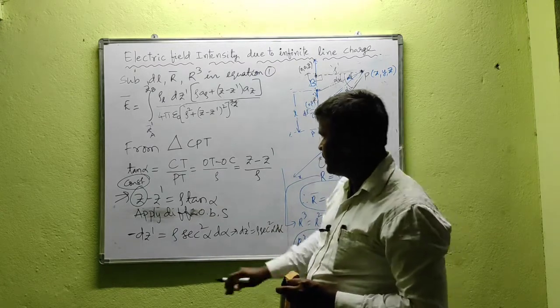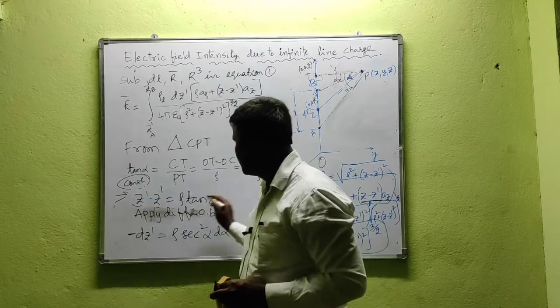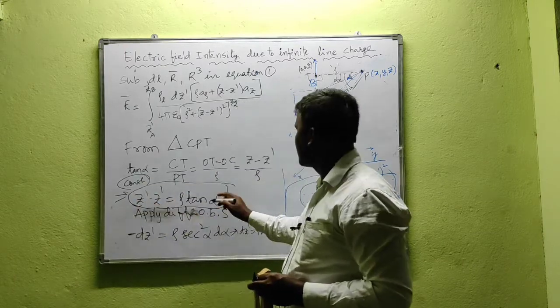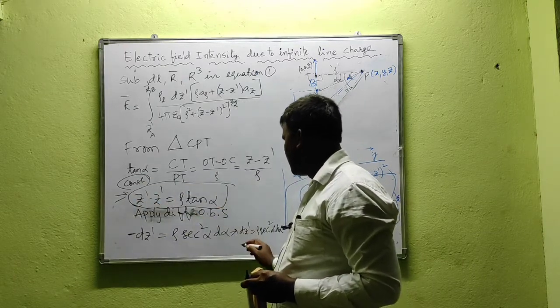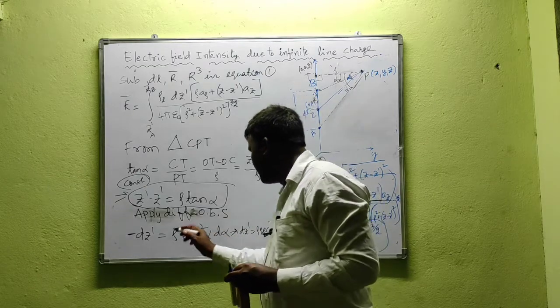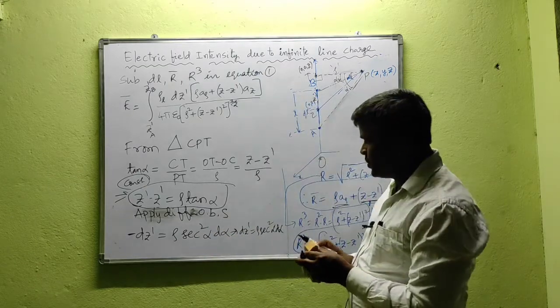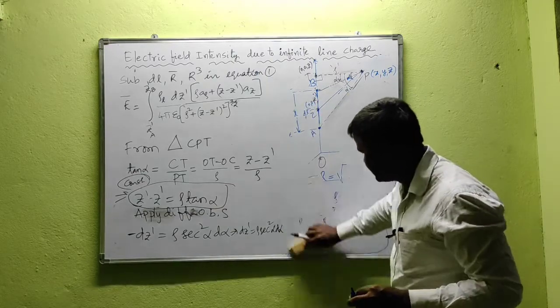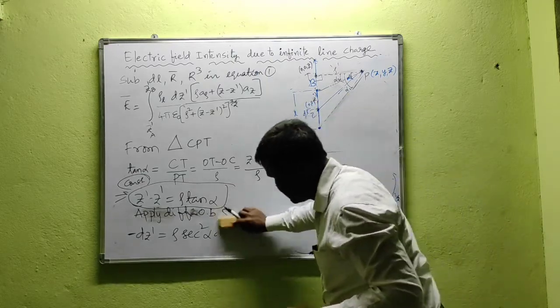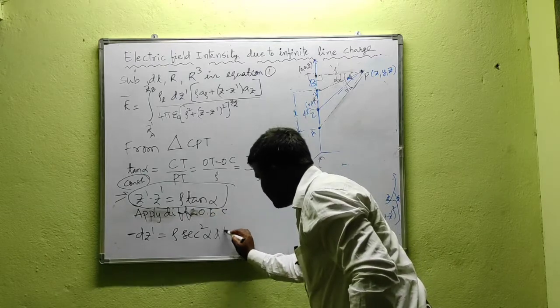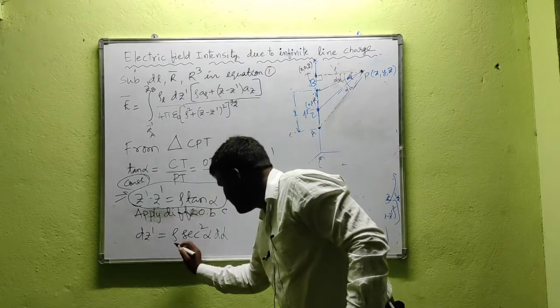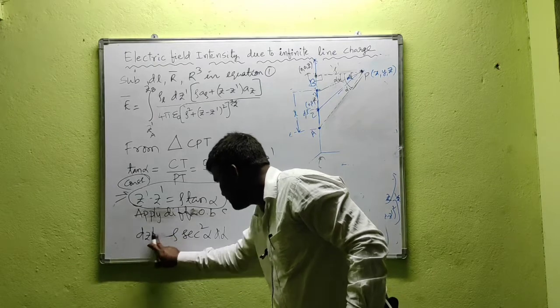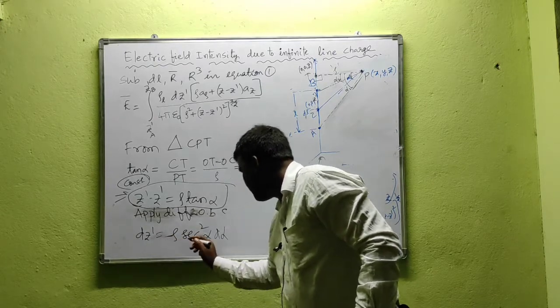And one more thing, z minus z dash is written as rho tan alpha. So minus dz dash equals minus of rho secant square alpha d alpha.